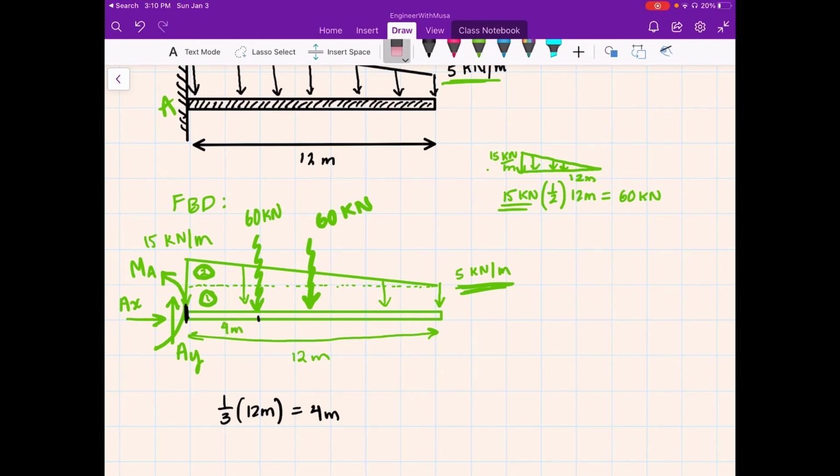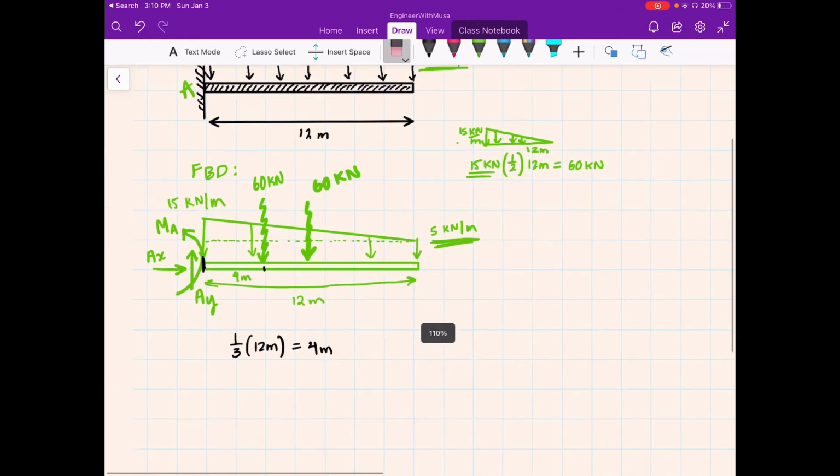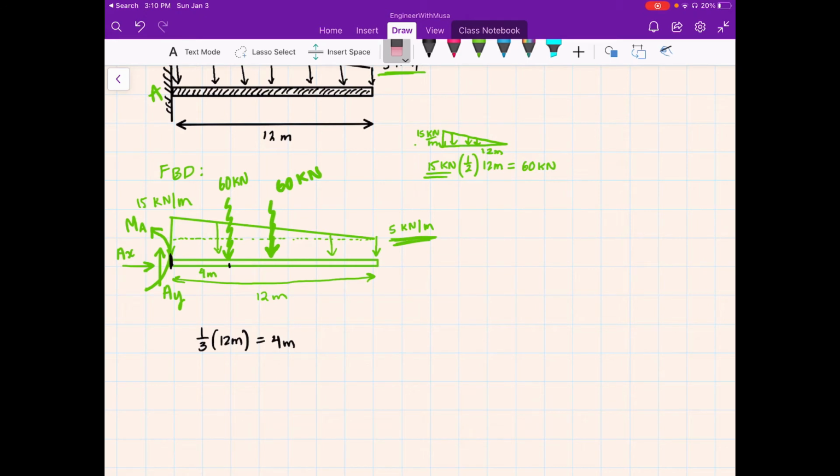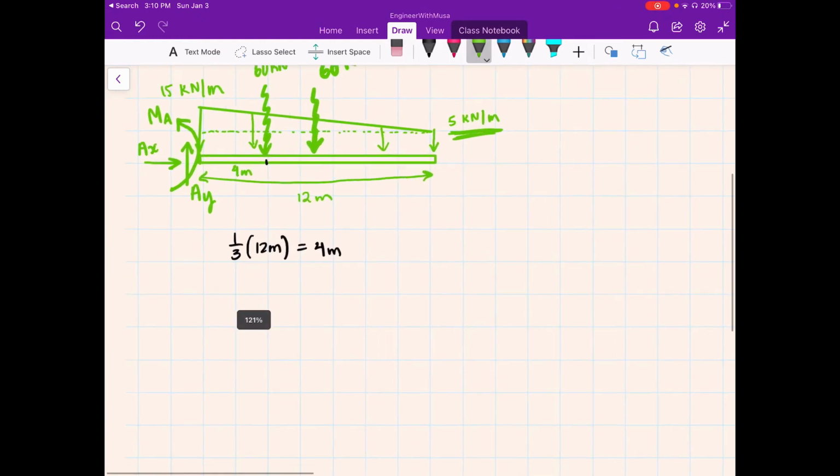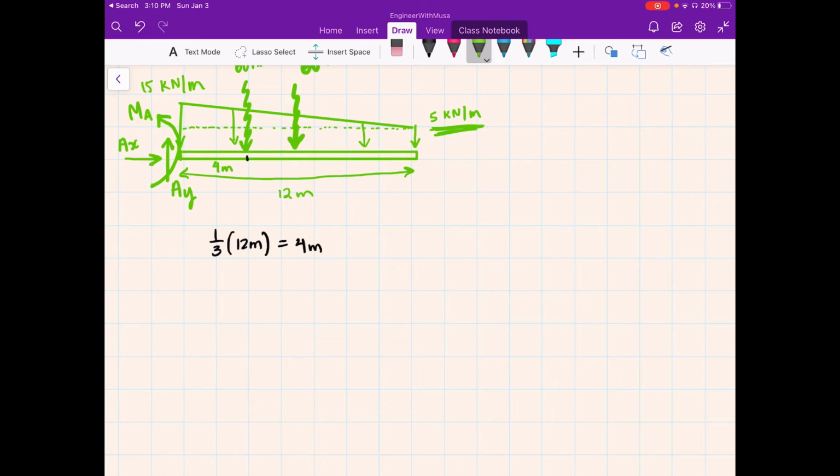So now I'm going to get rid of those two. And now we can simply start writing our equations of equilibrium. So we can say that the sum of the forces in the y direction is equal to 0, given that up is positive.